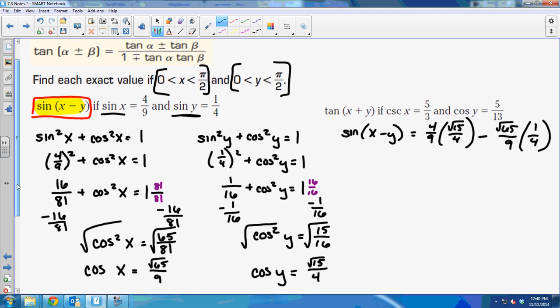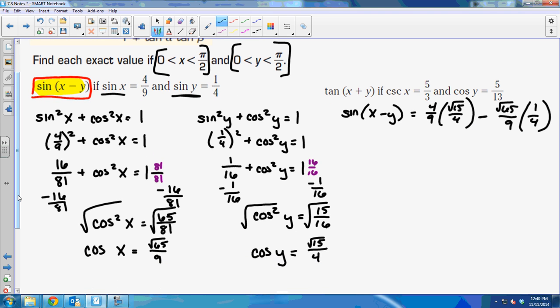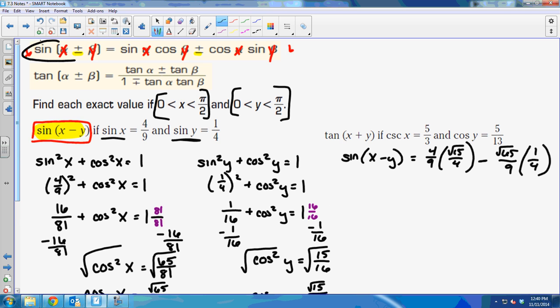So I'm just following that identity. I just substitute the pieces in. It says sine x times cosine y minus cosine x times sine y. It's on the front of your note sheet.